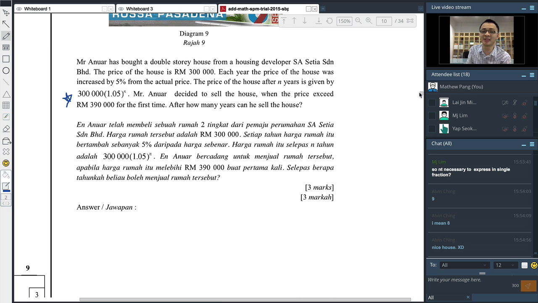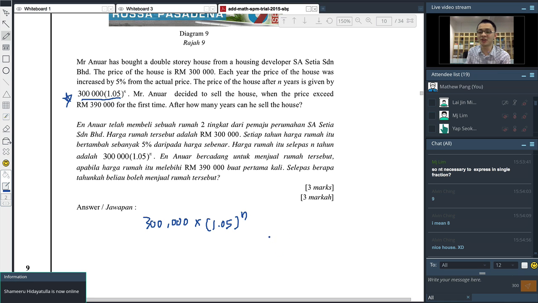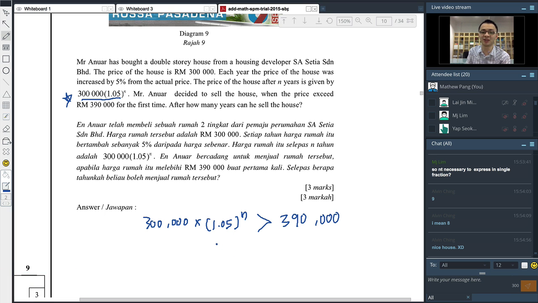So this one basically already gives you the equation. You just copy the equation: 300,000 multiplied by 1.05 power of n. So he will sell the house after the value is bigger than 390,000. So I just need to solve this equation, that's all. This is 1.05 power of n, and this one is just maybe 39 over 30.